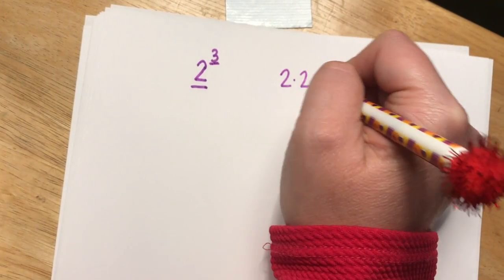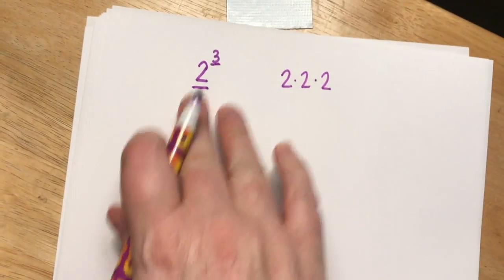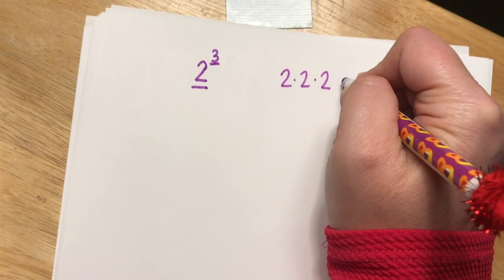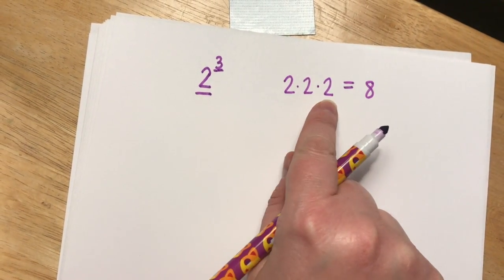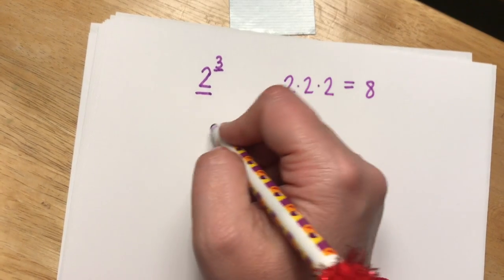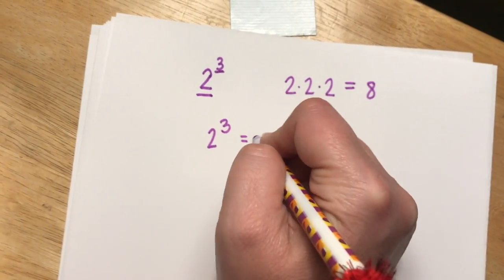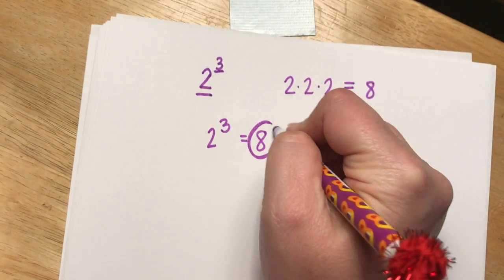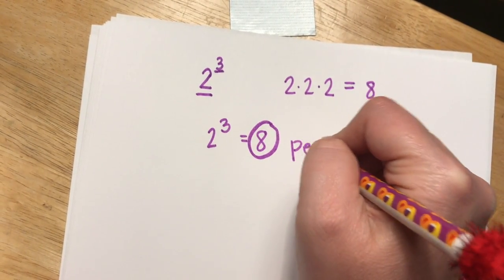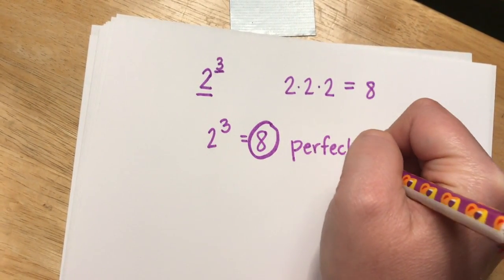So 2 times 2 times 2 would be how you expand this, and you would end up with 8. 2 times 2 equals 4, times 2 equals 8. And so 2 cubed equals 8. This number 8 then is now called a perfect cube.